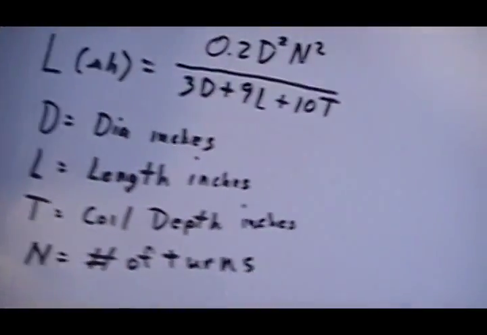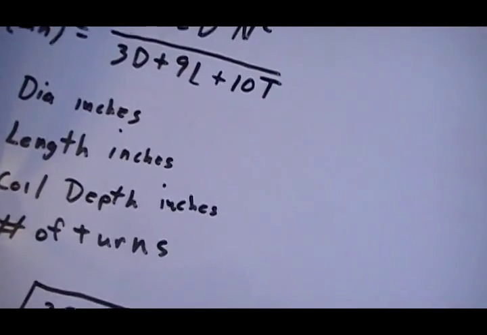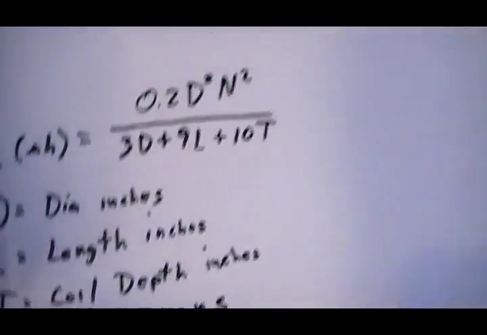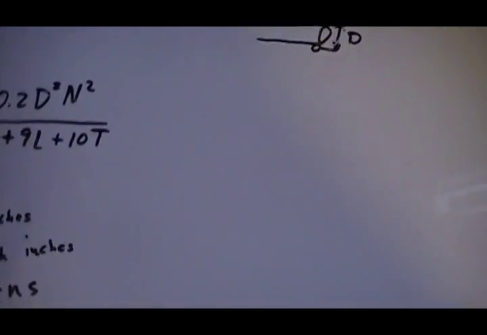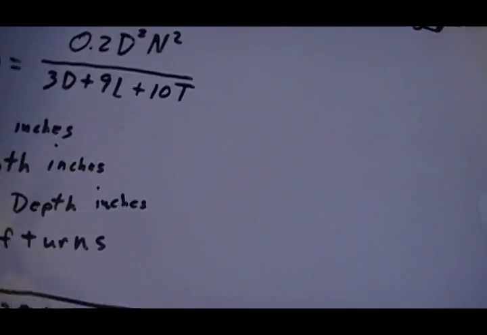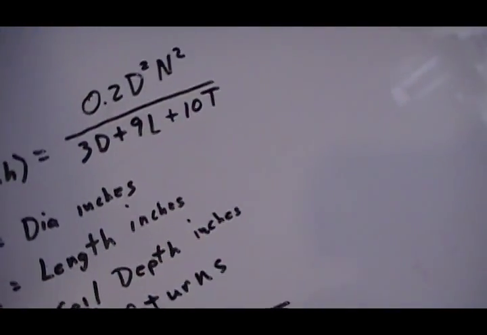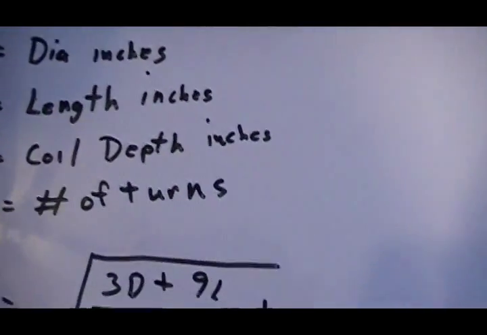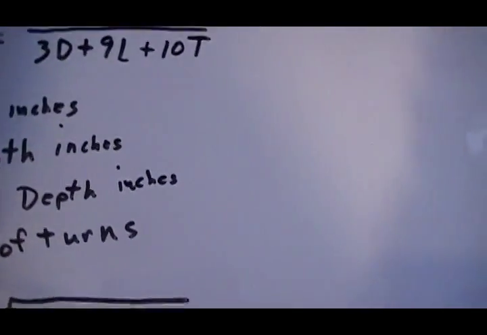Now, I said that I would talk about how to deal with some things. You've probably heard me mention before that I like scientific notation. What does scientific notation mean? Let's say you have 6 million.